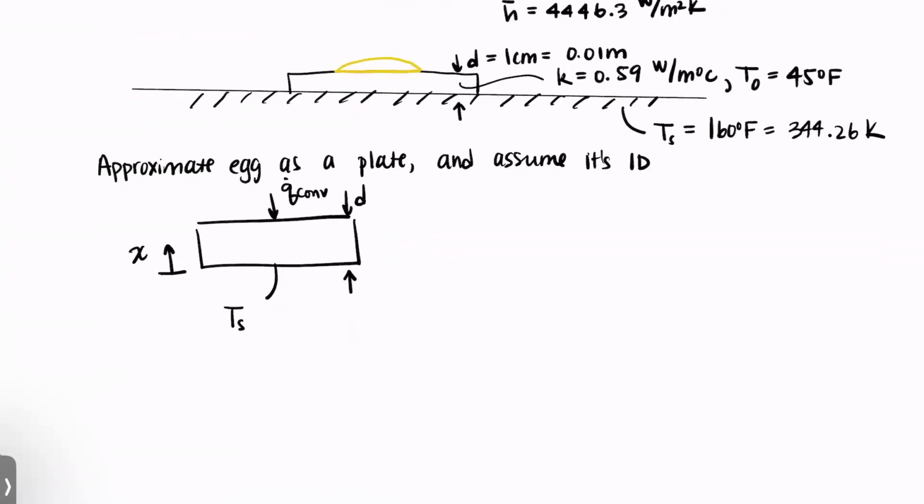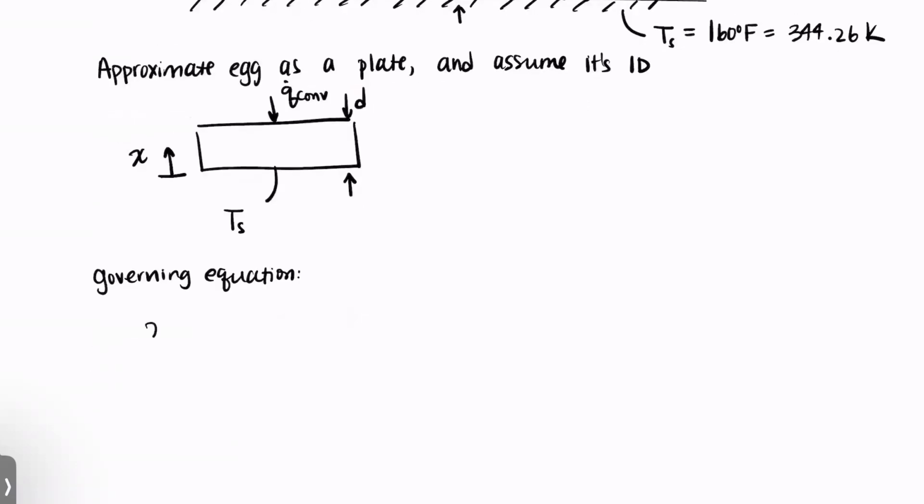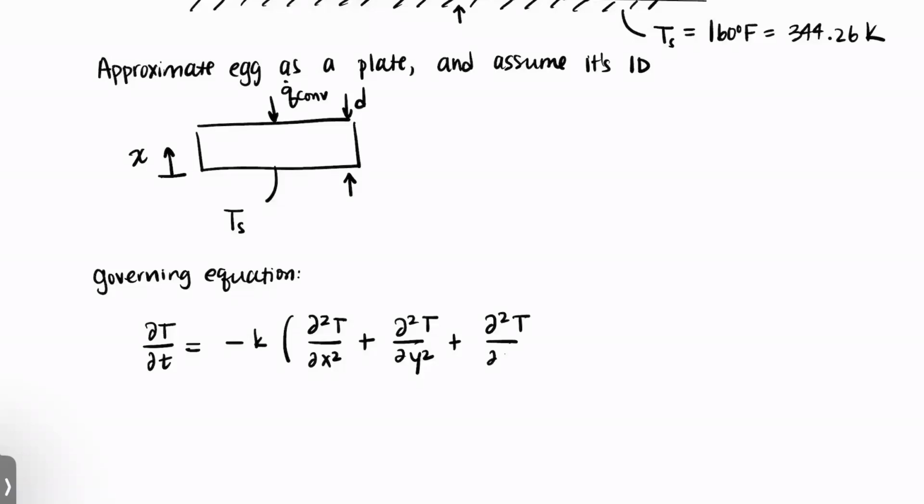Okay. So our governing equation is the time rate of change of the temperature of the egg is equal to minus k times the second derivative of the temperature with respect to X, plus the second derivative with respect to Y, plus the second derivative with respect to Z. So we've assumed this is 1D, and we've also assigned this the X direction.